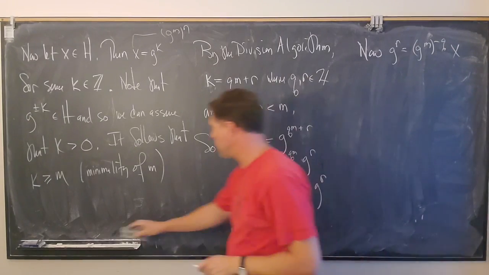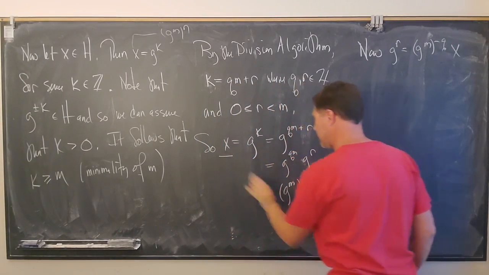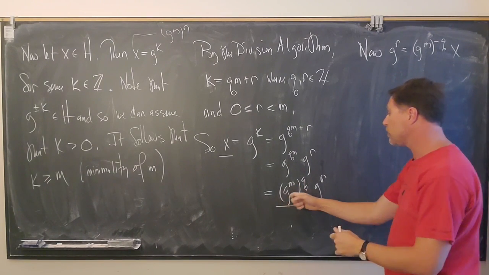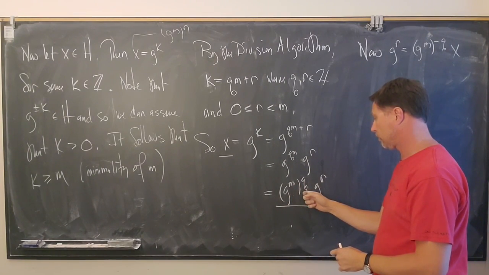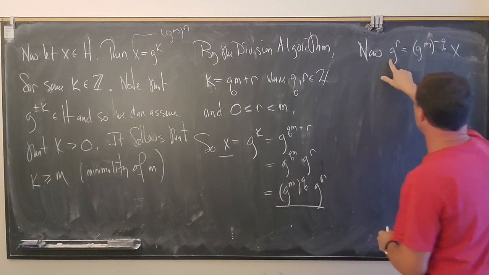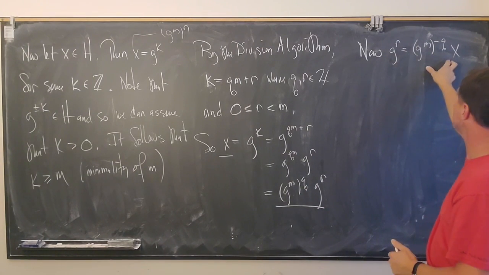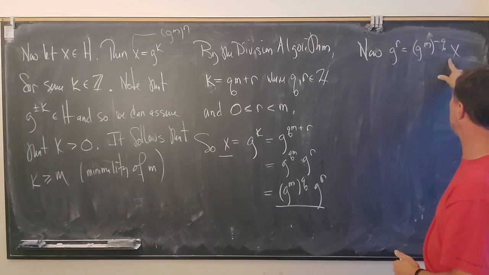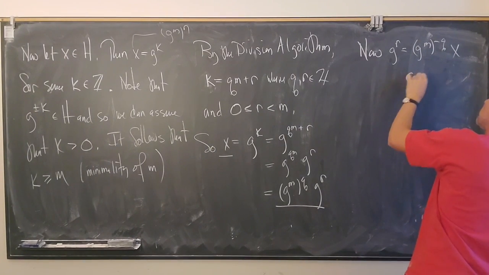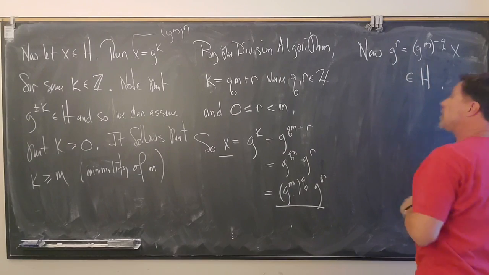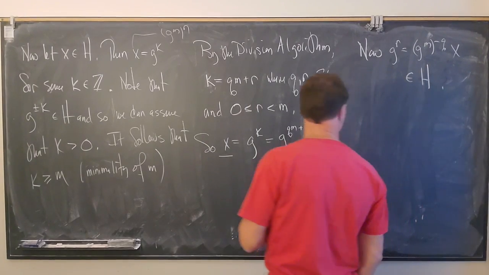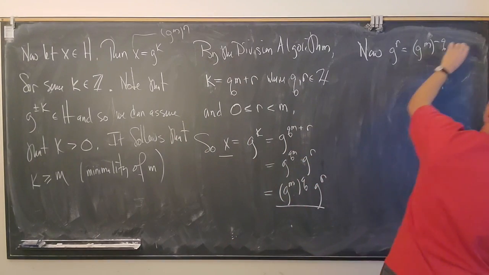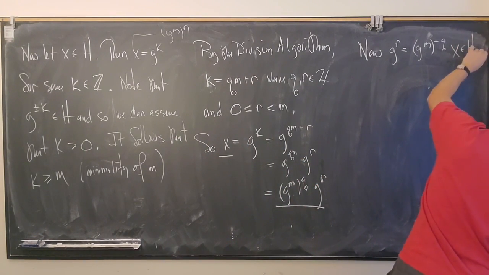So what did I just do? I took this equation, I have x equal to this thing, I multiplied on the left by the inverse of g to the mq. That allows us to say that g to the r is of this form, and notice this element is an element of H, this is an element of H, and so that tells us that g to the r is an element of H. All right, so that element is in H.